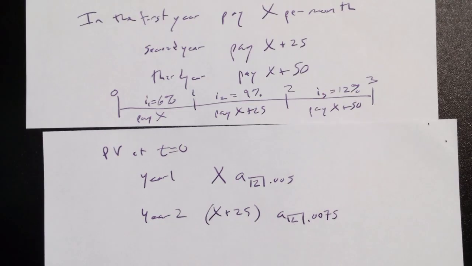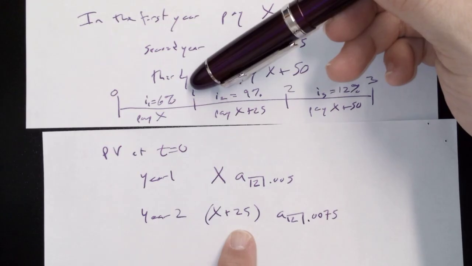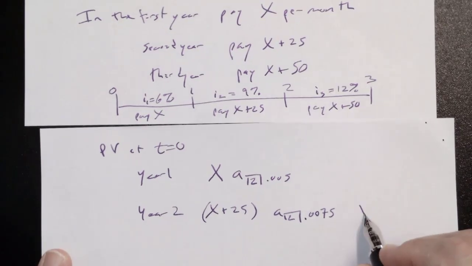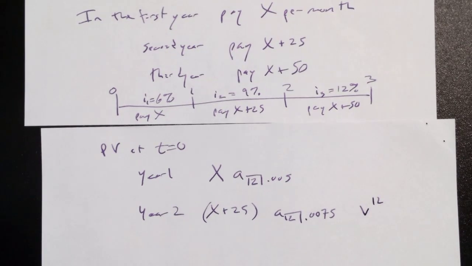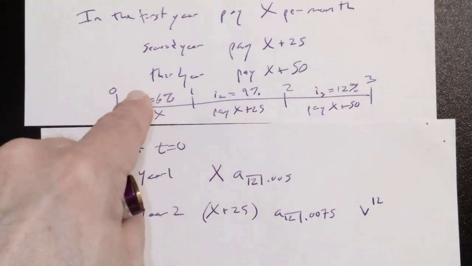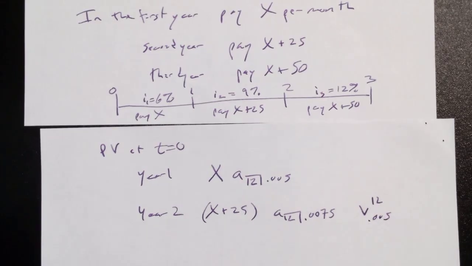Now, if I just calculate this, that's the value at the beginning of this year. I need to bring it back a year. So I need to multiply this by v to the 12th. But what interest rate is that v got? That interest rate is for this year, because that's the year I'm bringing it back during, right? So that's v 0.005. You'll notice I put the I at the bottom so that I know what's going on there. Make sense? What about year 3?